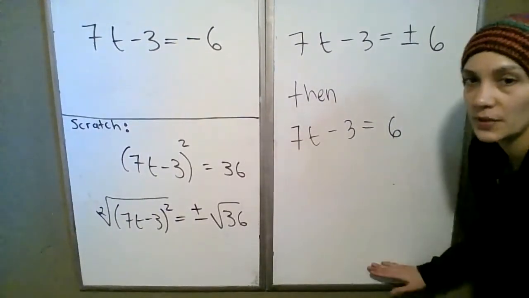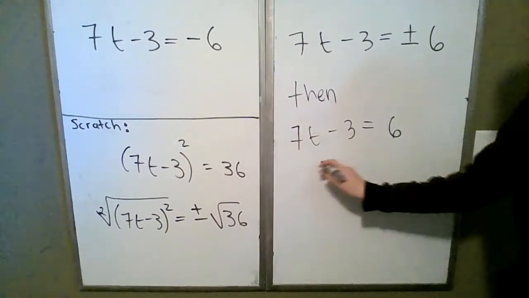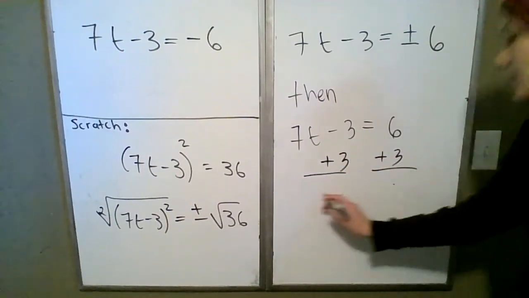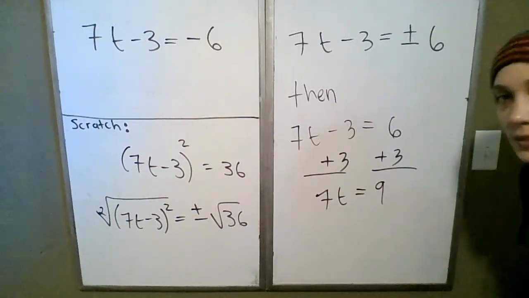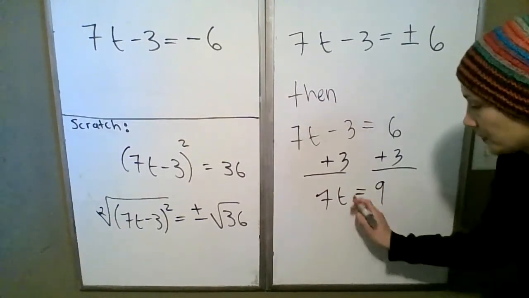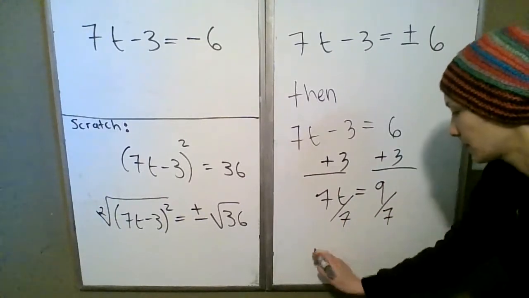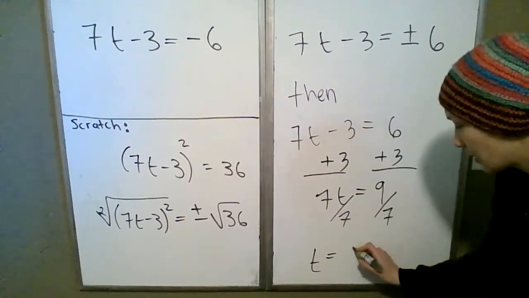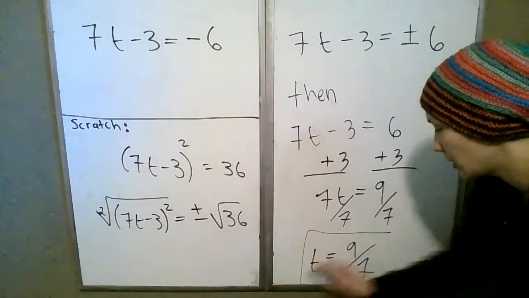Let's get the first value of t. Add 3 to both sides, and divide both sides by 7. T equal to positive 9/7 is one solution.